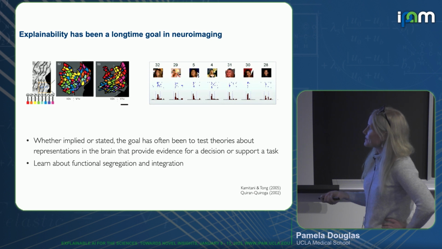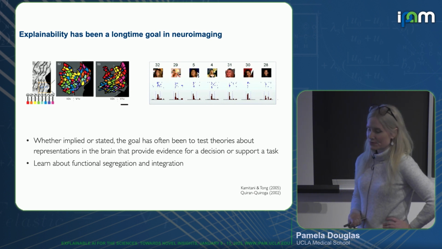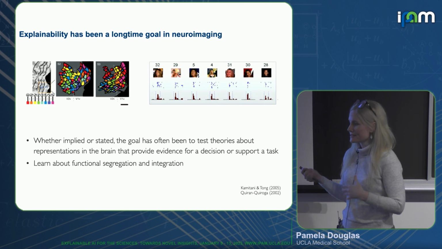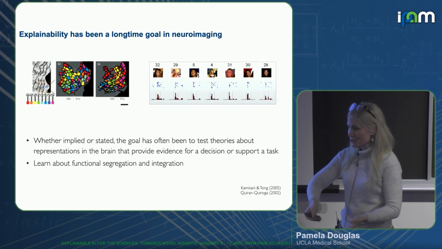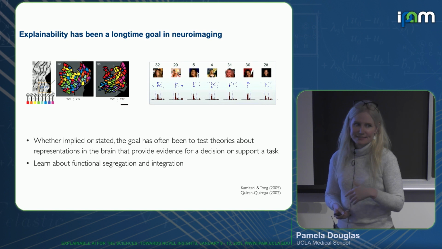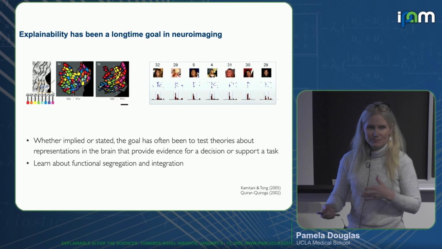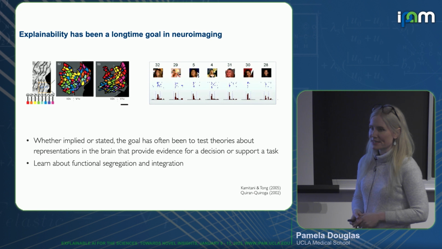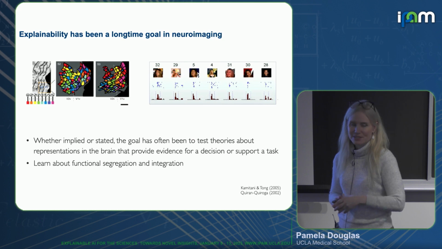One of the reasons is that there's always been this goal, whether explicitly stated in the papers or simply implied, that one would like to gain information and knowledge about the representations learned in the brain that are used to support certain tasks and decisions, and also whether the brain is using distributed or more symbolic localized representations to understand information and to code its information.